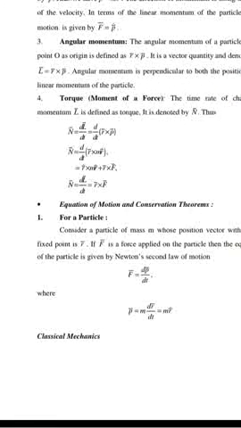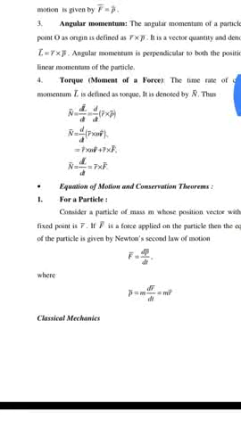N bar is equal to dL bar by dt, or d by dt of r bar multiply p bar, d by dt of r bar multiply m v bar, which is r bar dot multiply m r bar dot plus r bar multiply f bar, and N bar is equal to dL bar by dt is equal to r bar multiply f bar.